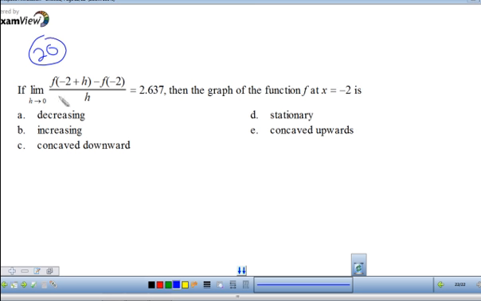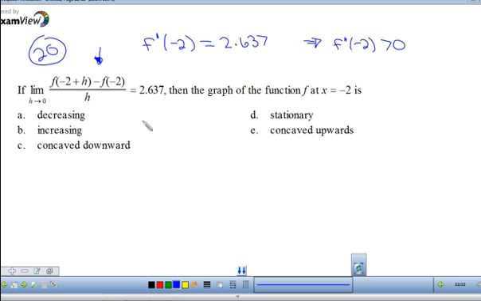Okay, if the limit is equal to 2.637, and the graph of the function f at -2 is, okay, this is the definition of the derivative. What this just means is the derivative at -2 is equal to 2.637. So the derivative at -2 is positive. Okay, so it's a positive number.